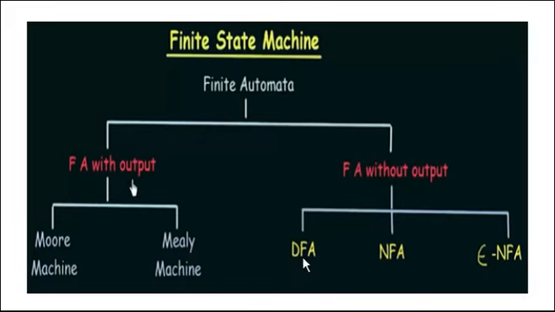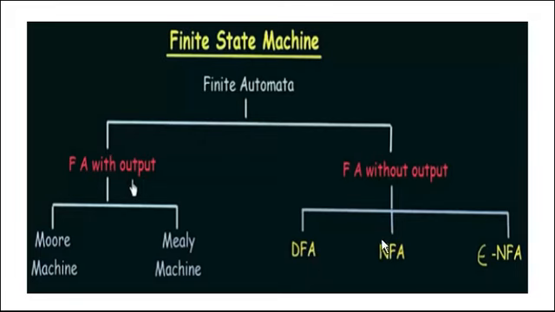DFA stands for Deterministic Finite Automata. The term deterministic states that whatever input is given to the system in the current state, the system will transit to only one state. So there will be only one unique state for each input. That is what deterministic finite automata is.